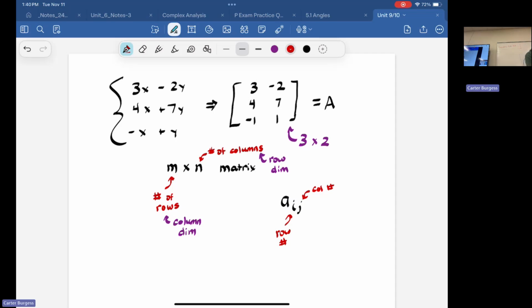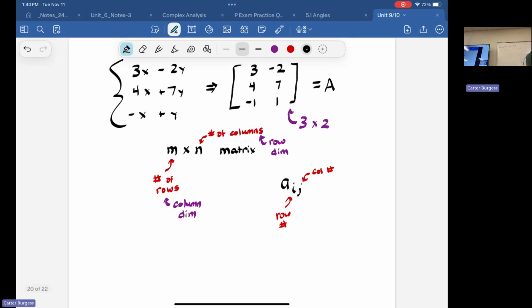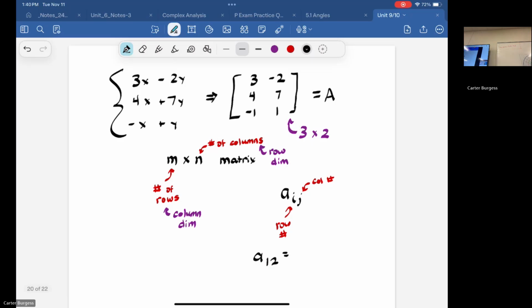So for instance, for this particular matrix, what would A sub 1,2 be equal to? What does the 1 represent? Row 1. What does the 2 represent? Column 2. What is the entry that is in row 1, column 2? Negative 2. Versus A sub 2,1 would be 4. Second row, first column would be.